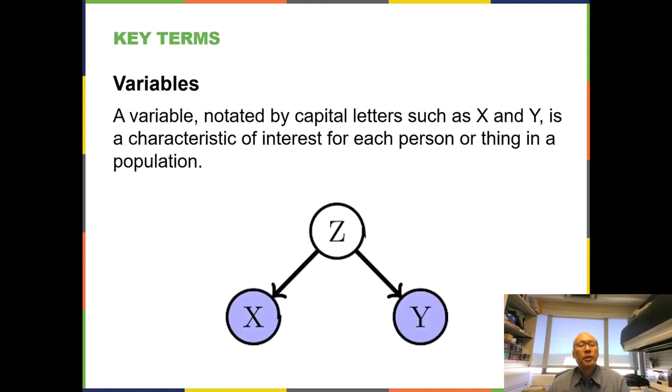So we're also going to be using the word variable. A variable will be denoted by, usually in algebra we think of variables as x or t or y or whatever. So in our case, we'll be using variables as well. We'll be using capital X and capital Y and maybe capital Z as well.